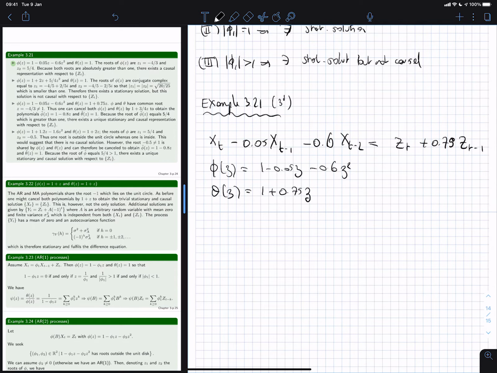Either you solve by hand or you ask your software to solve for you, you can see that the roots of phi are. Excuse me, can you give an example of how to solve this equation with a software?